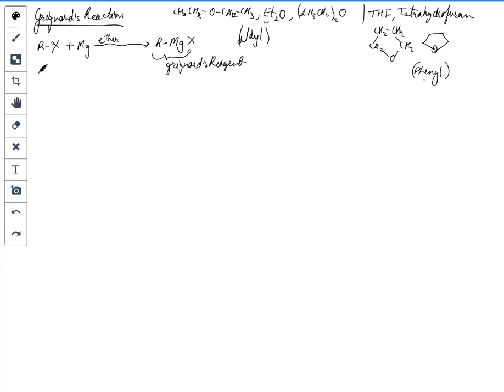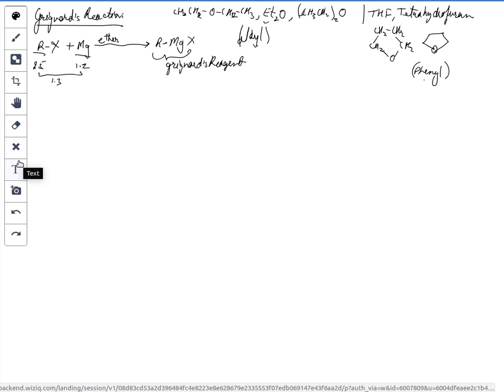Clear? Now if we talk about this Grignard reagent, the electronegativity of carbon is 2.5. Electronegativity of magnesium is 1.2. The difference between them is 1.3.